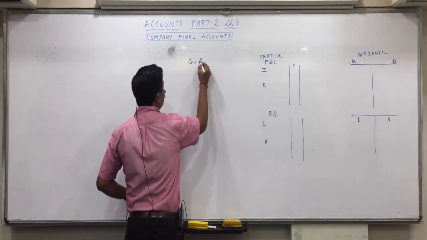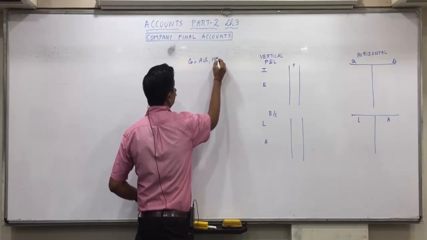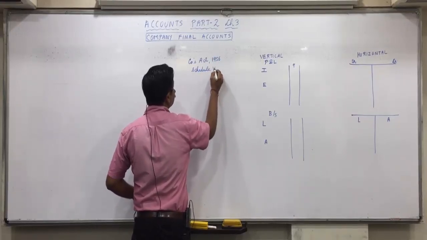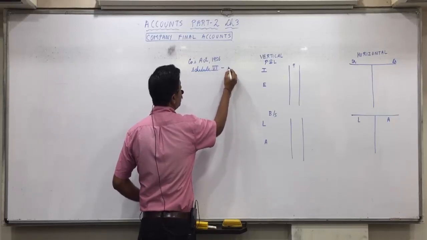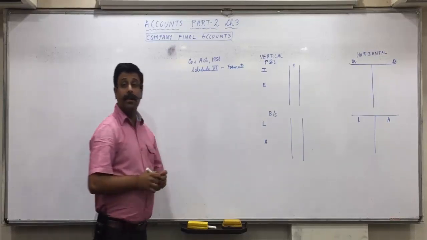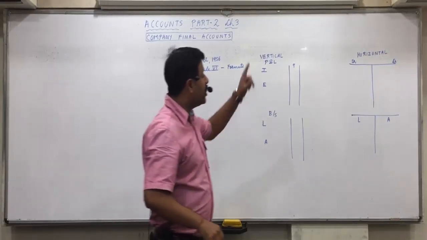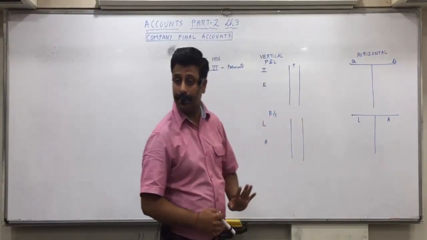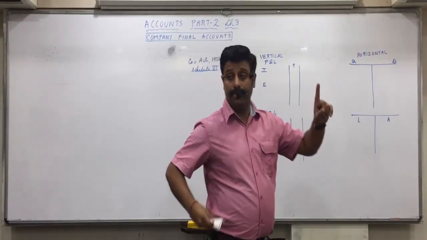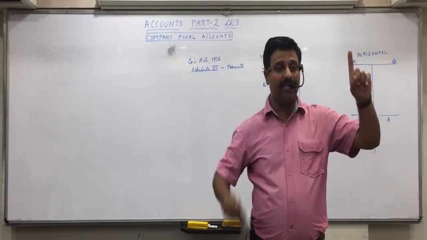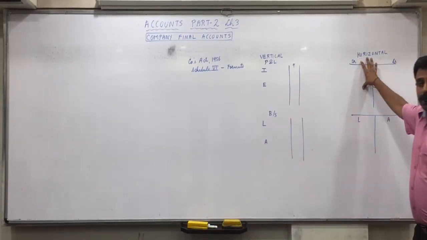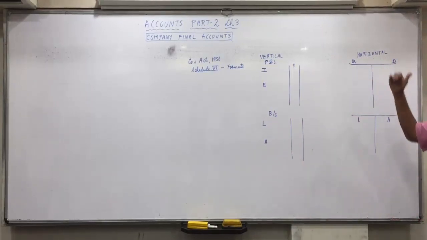As per Schedule 6, we used to make the final accounts in horizontal formats. From 1956 to 2003, we made horizontal formats, wherein P&L account was made in two parts.